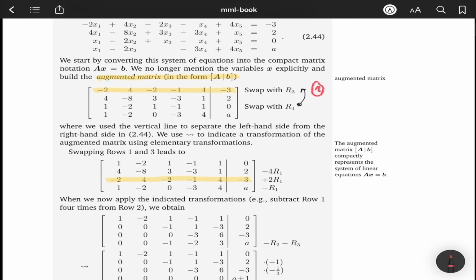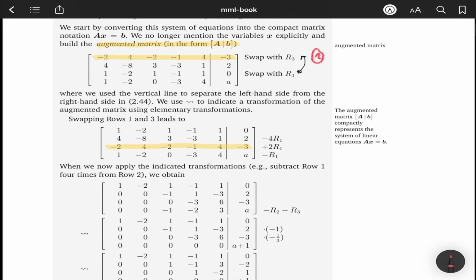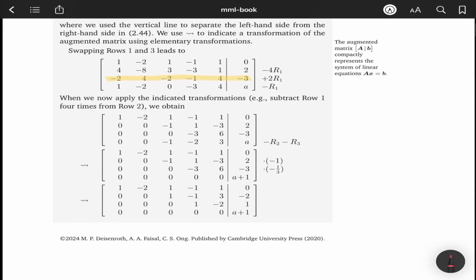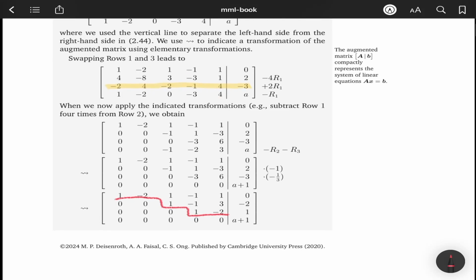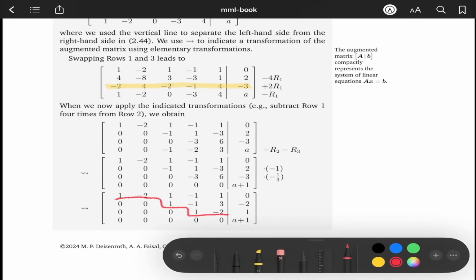Before we go to the next step, let's figure out what we actually want. In the end, we want something like a stair version of the equation. We want as many nulls on the bottom left side. Basically, this is the whole point: we are moving the nulls down and to the left.